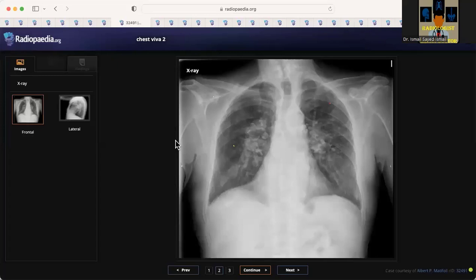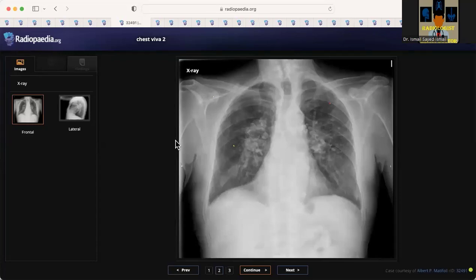I cannot demonstrate definite masses or nodules apart from nodules that extend from the hilum with calcifications. There is no pleural effusion or pneumothorax. The bony framework is unremarkable. So the salient abnormality here is the bilateral hilar shadows with eggshell calcifications. The diagnosis is sarcoidosis on top of the differential diagnosis.